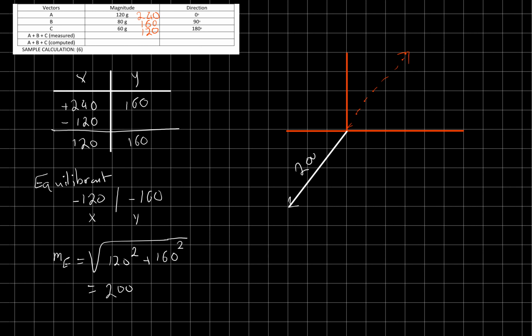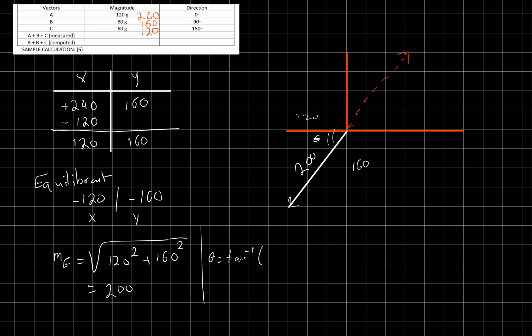The angle, now we can find it in many different ways, but we know that this side here is 160, and this side here is 120. So if you want to find this angle right here, let's call this theta, theta is going to be tan inverse of the opposite over the adjacent.